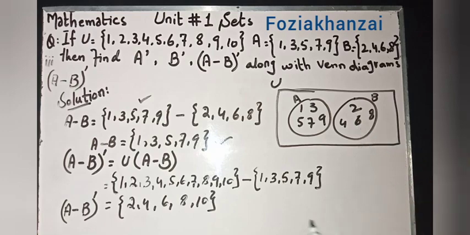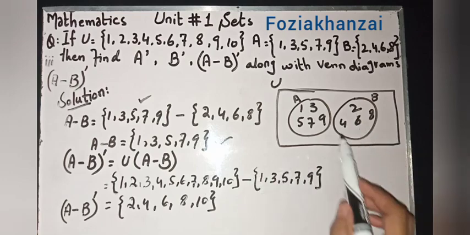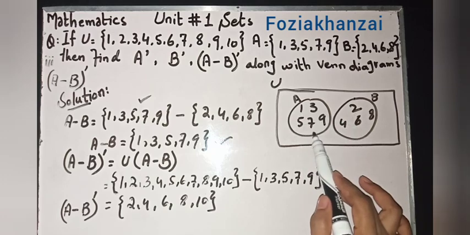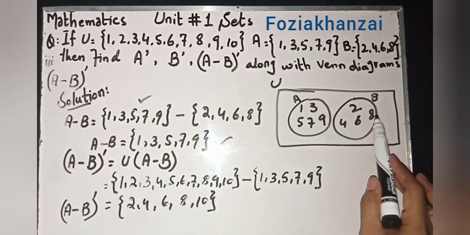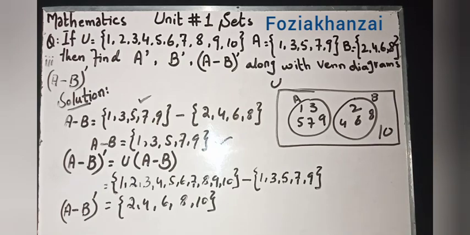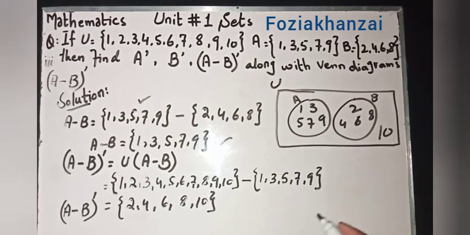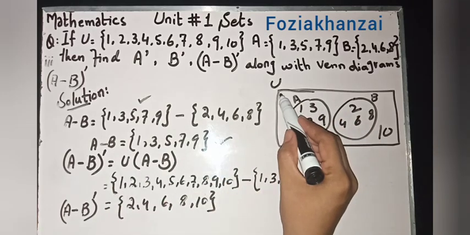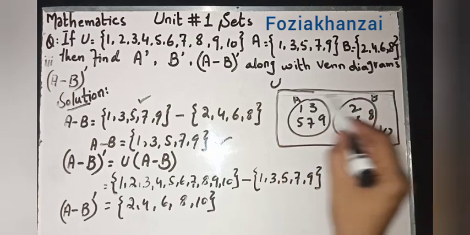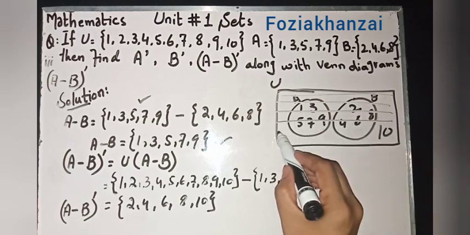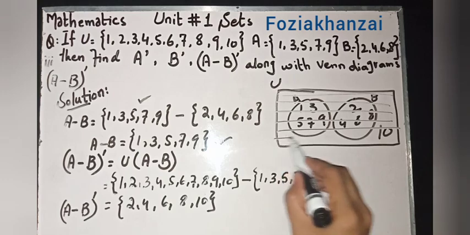Remaining elements of set U, after 1 2 3 4 5 6 7 8 9, only 10 is left, so 10 we write in the rectangle box. Okay, done all elements. Now first we write the answer of A difference B. Now we apply line, horizontal line.